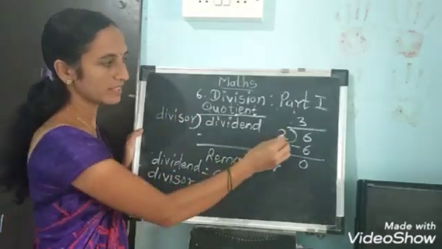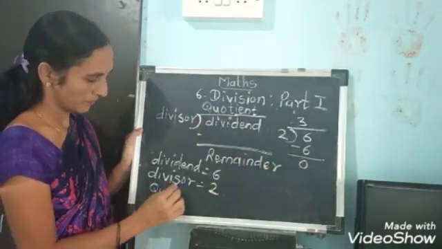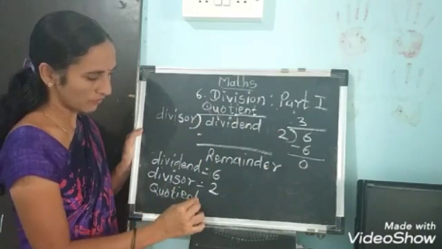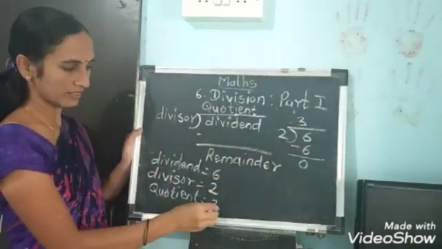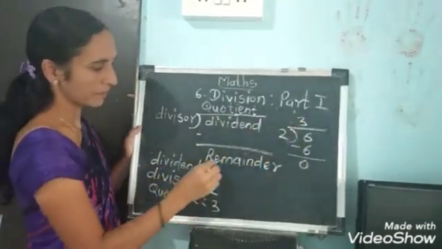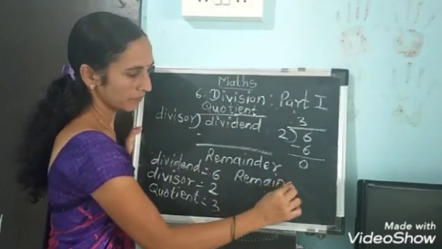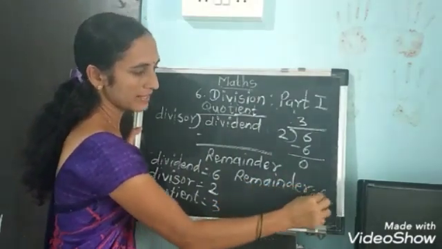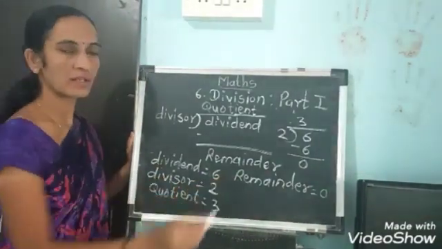What is the quotient? Learn the spelling of these. Quotient is 3. 3 is our answer. What is the remainder in the example? Remainder is 0. In this way you have to learn the names of the places.